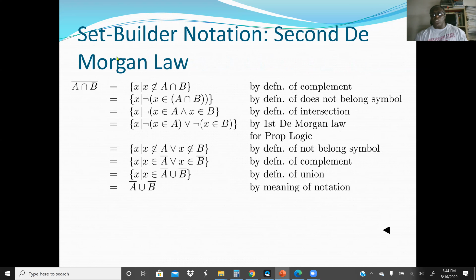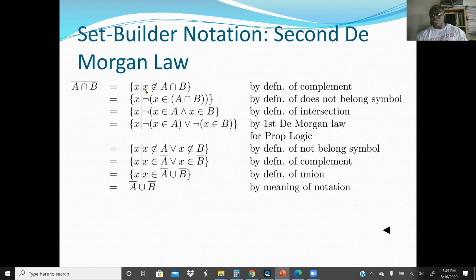So we have what we call the set builder notation, which is the second DeMorgan law. We have A intersect B invert is the same as saying that X doesn't belong to A intersect B. It doesn't belong because A intersect B means what is in A and what is in B. Invert means what is not in both of them.